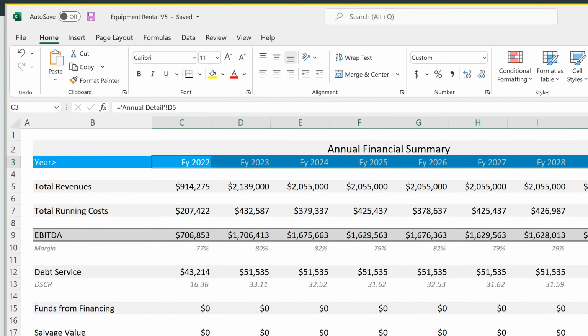So 527,651. How is that? 527,651, and this is 529. Taxes 1278. Is that what I was out here? Can't be. 1278.86. Okay, so our taxes are the problem.